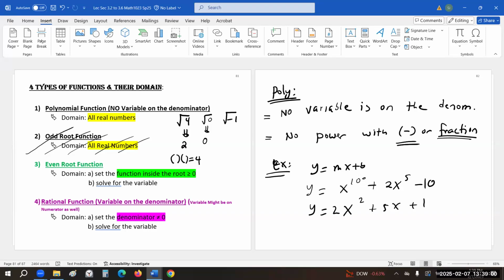How about the square root of -1? Can you think of a number that, multiplied by itself, becomes -1? Can you think of any number? So this doesn't exist in real life. It does exist in the imaginary world, but in the real world, it doesn't exist.